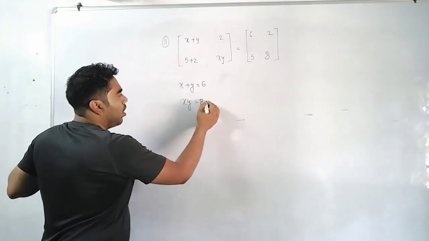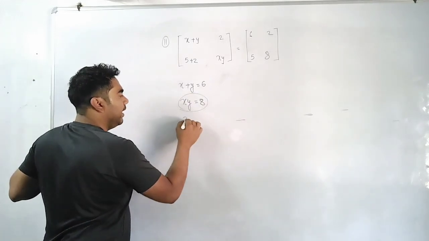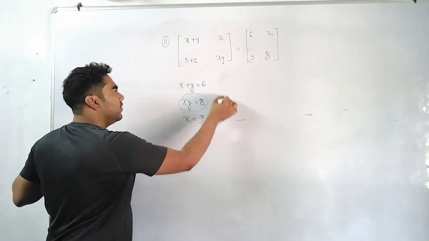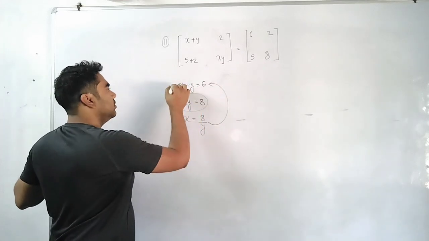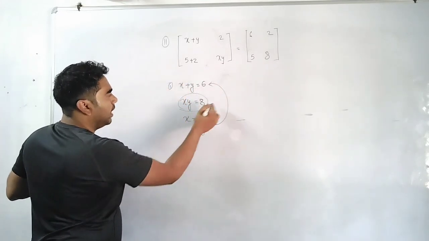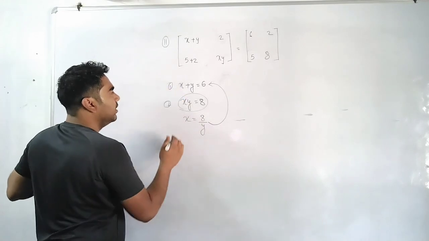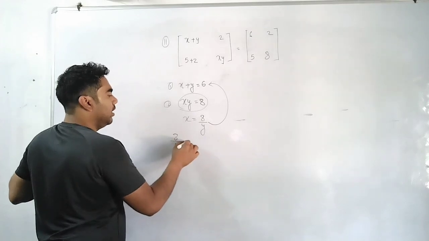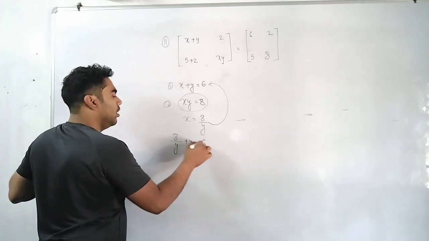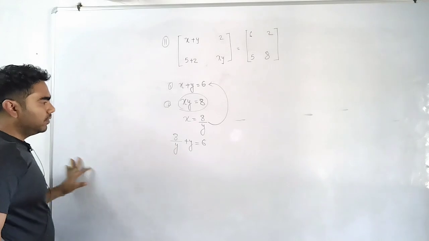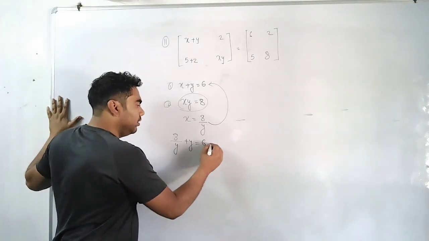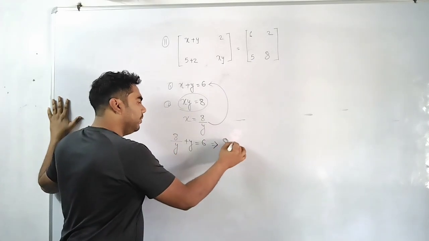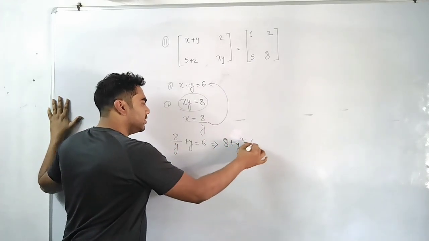So if we take x equal to 8 upon y and put this value in equation, suppose this is 1 and this is 2. On putting the value of x and simplifying this expression, we get 8 plus y squared is equal to 6y.